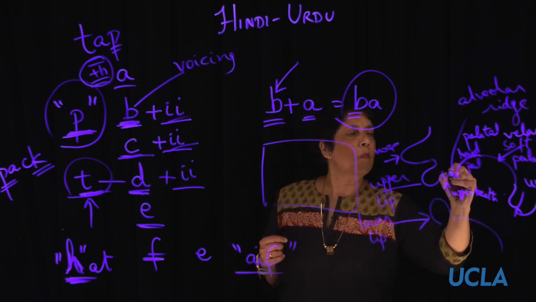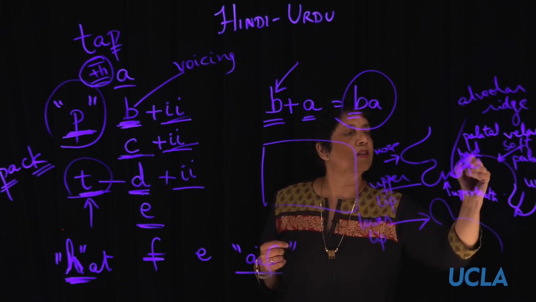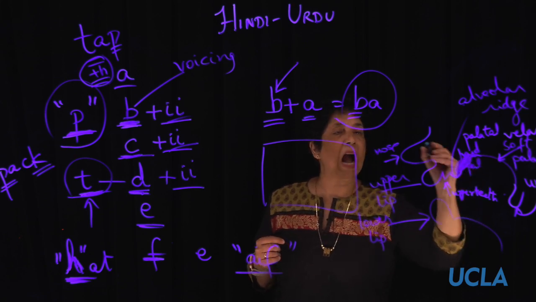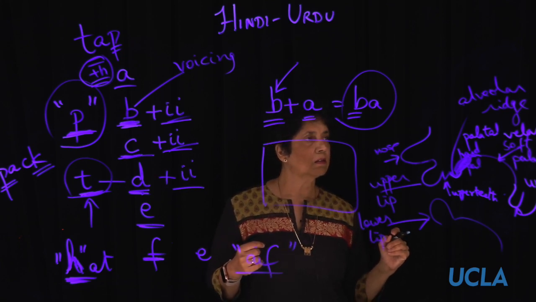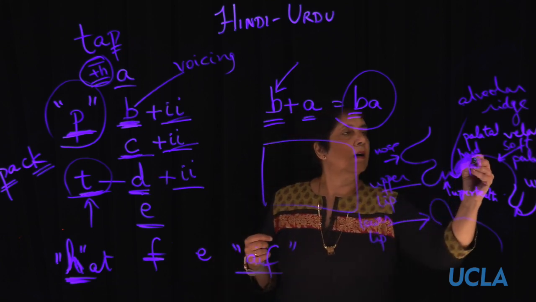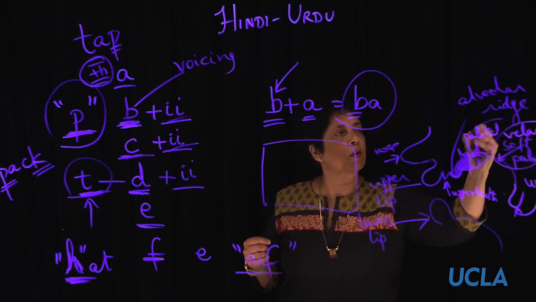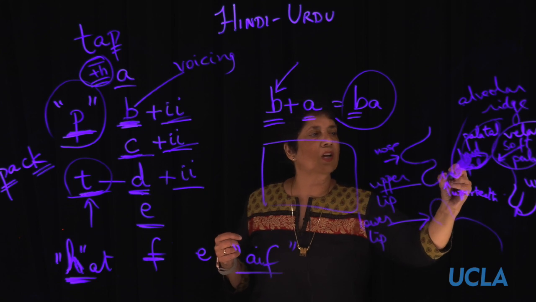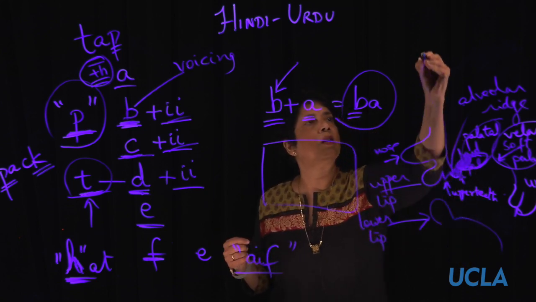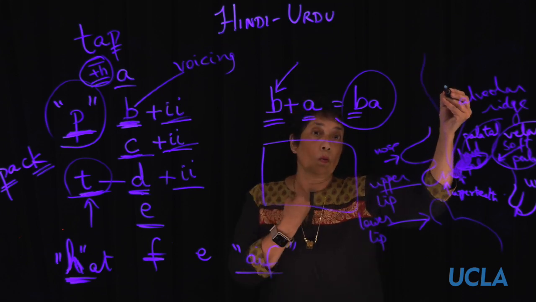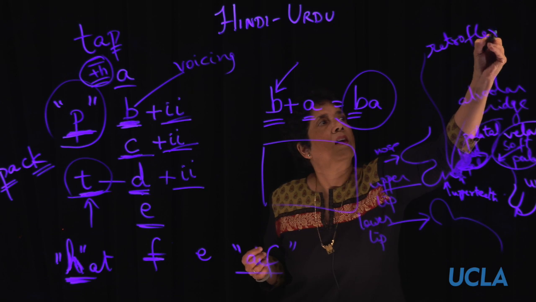And the area just behind the alveolar ridge will be called the retroflex area.